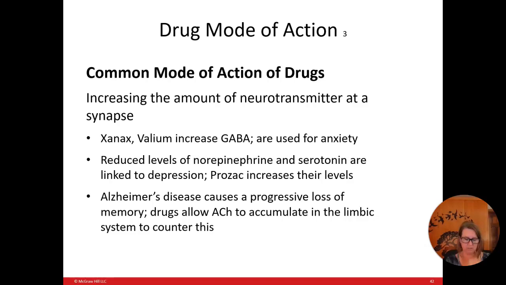Reduced levels of some neurotransmitters are linked to depression, so we often think about serotonin. When you have lower levels of serotonin, it can be linked to depression. That's why doctors prescribe SSRIs, selective serotonin reuptake inhibitors.